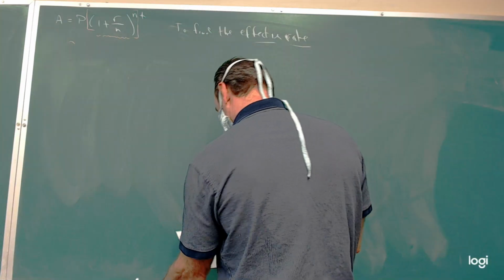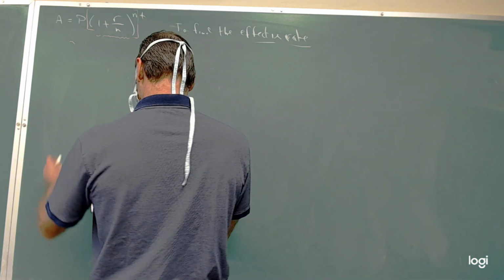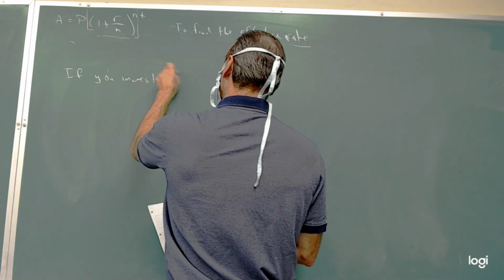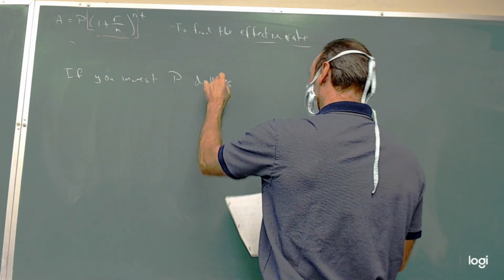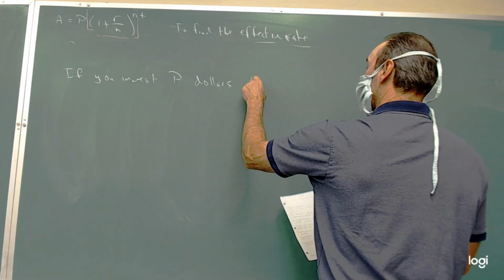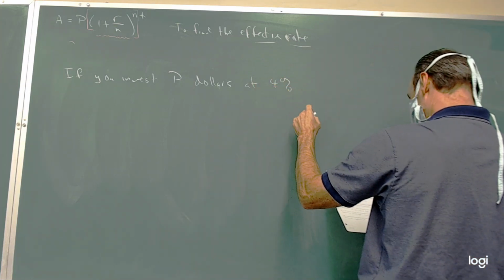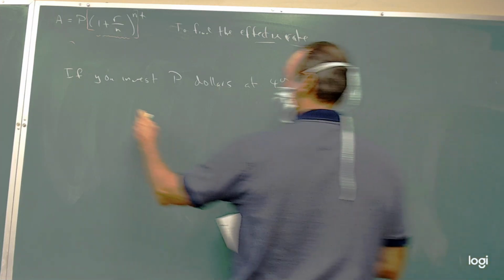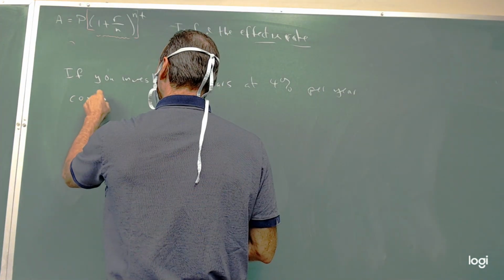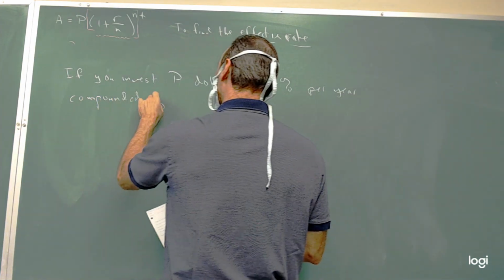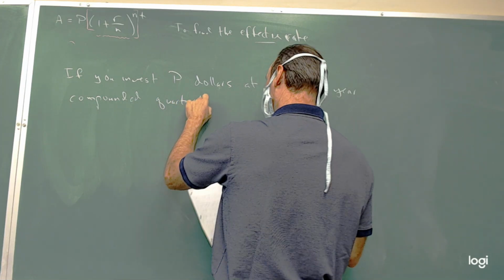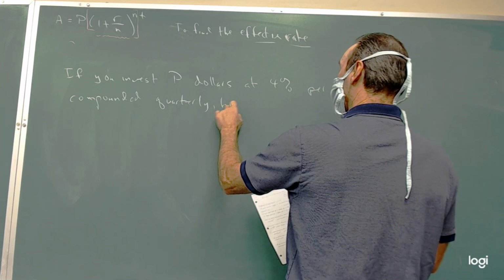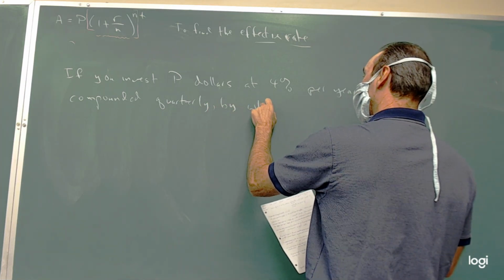And let's ask, if you invest P dollars, we don't really have a number for that, at 4% per year, so that's our nominal rate, compounded quarterly, by what factor does P grow?